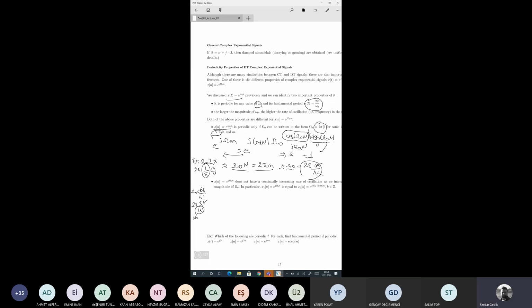But in the discrete case, this is not the case. In the discrete case, if you increase omega 0, the rate of oscillation increases only up to some extent. So what's the meaning of this?